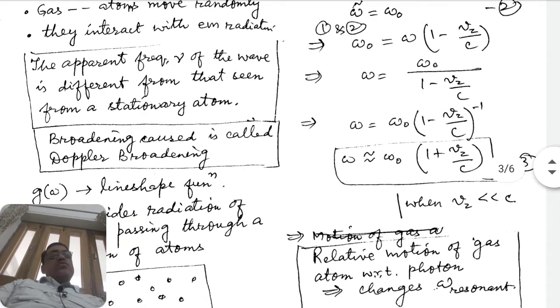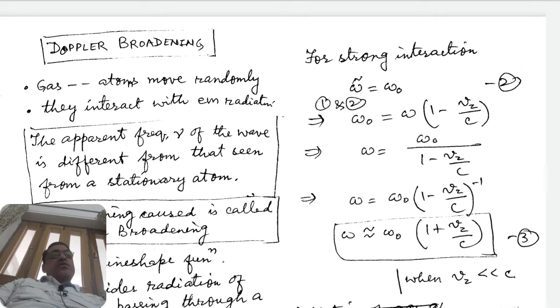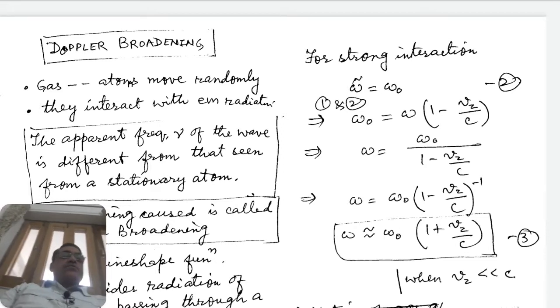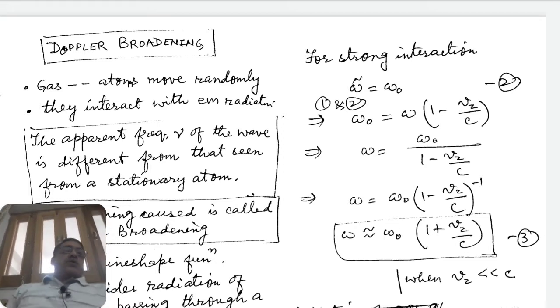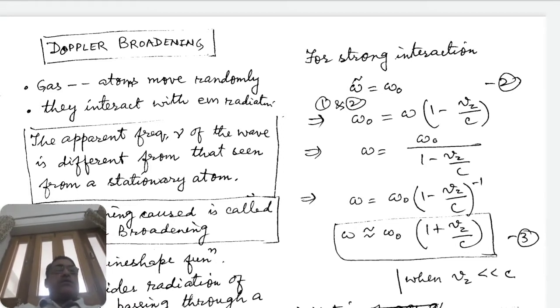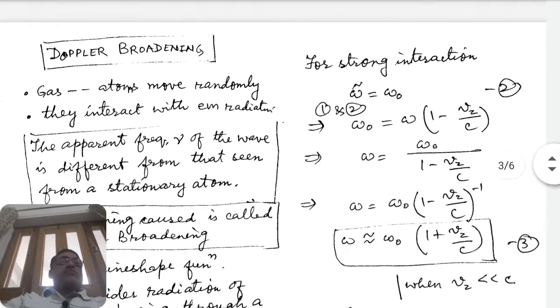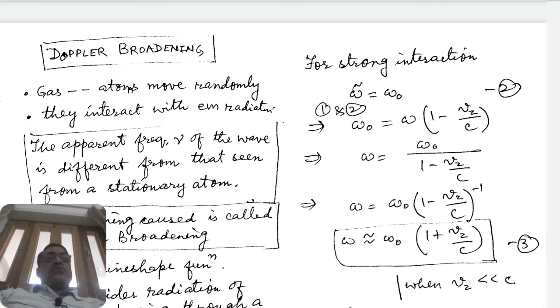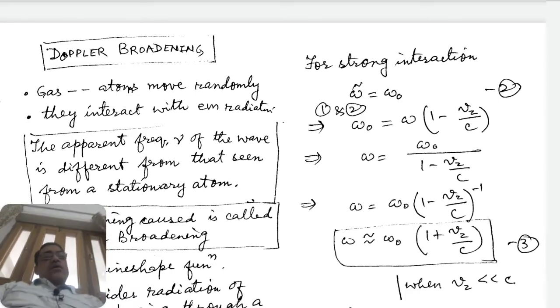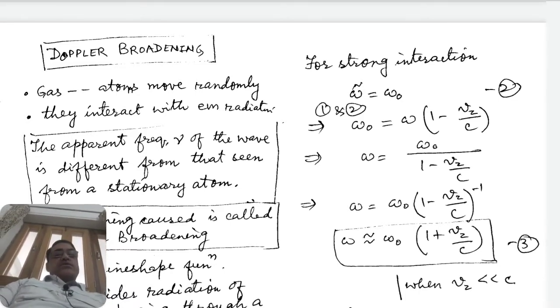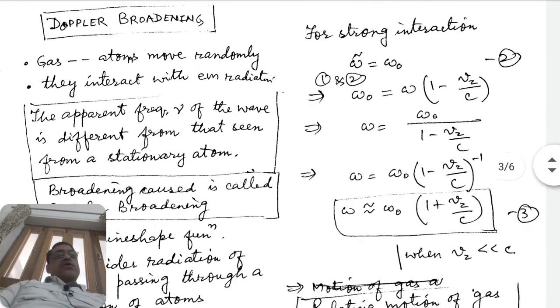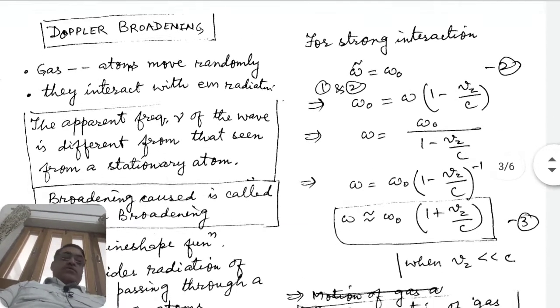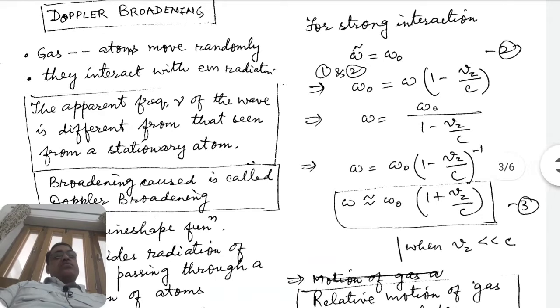Now if we simplify it further, we see that for incident radiation, for a strong interaction, the effective frequency is that of the peak frequency, omega naught.